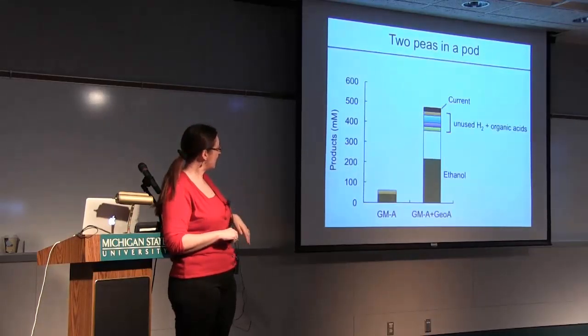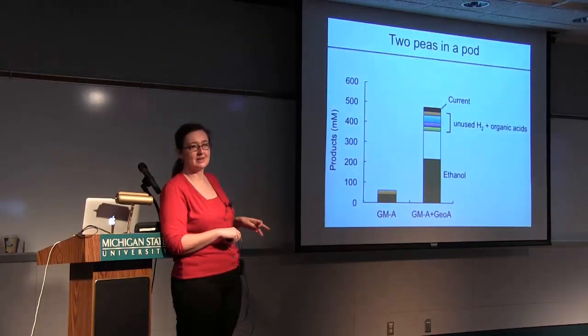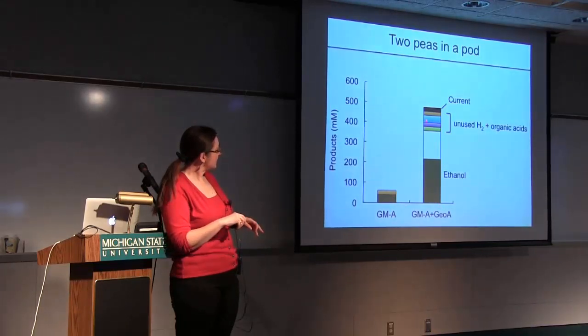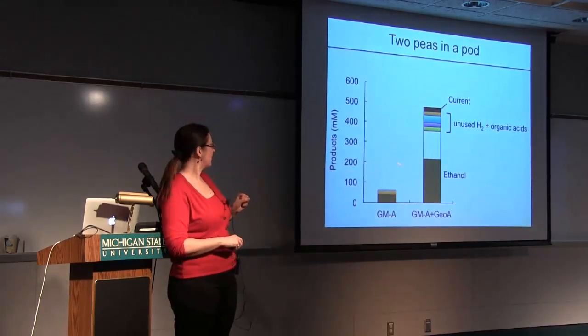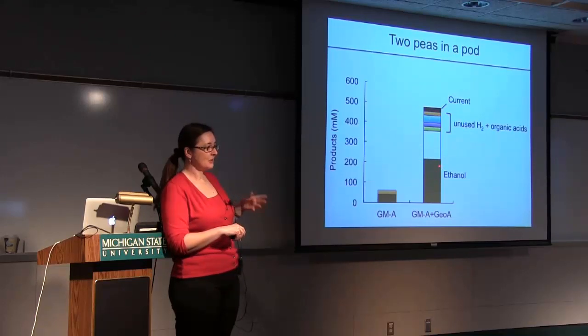This is an example of what happens. This is the glycerol microbe. Look how poorly it performs with glycerol alone. This is the amount of ethanol in green. And what we found is that when we did our electrochemical reactor with the two together, we of course increased a lot of ethanol, but a lot of things were in here that were not ethanol, and that could potentially be ethanol.